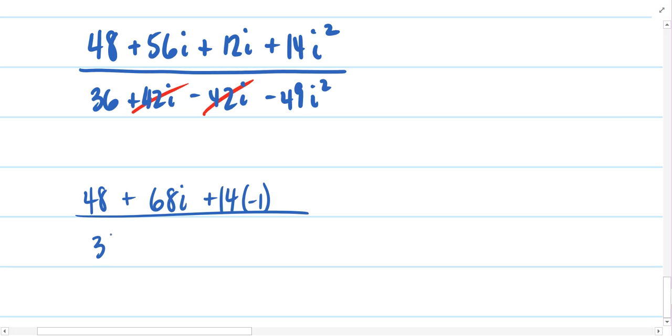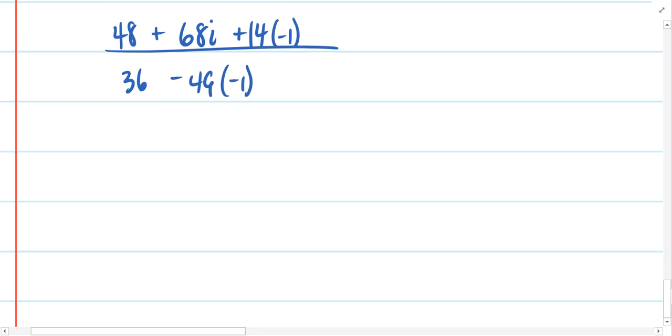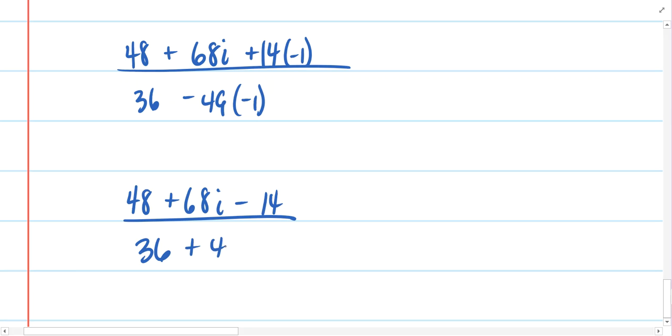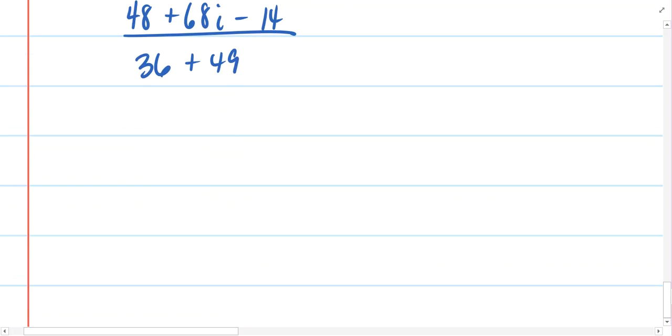In the denominator, we have 36 minus 49 times negative 1, because these two had already canceled and disappeared. So we have 48 plus 68i minus 14 over 36 plus 49.